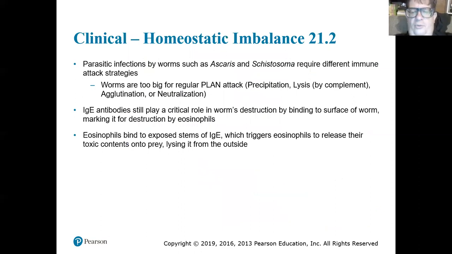IgE still helps the worm be destroyed by binding to the worm, marking it for destruction by eosinophils. So if you have high levels of eosinophils, it's a worm infection.